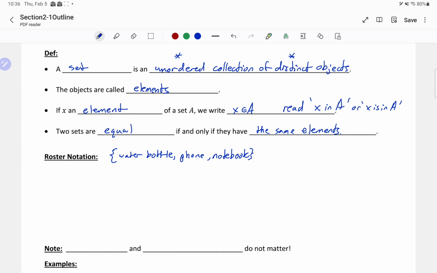Can you give an example of not distinct or non-distinct objects? Yes, I'm going to get to that. So, let's say that I had a set like this: A, B, A, C, C, B, B, B, A, C. Well, this is the same thing as A, B, C. Doesn't matter how many times I wrote down the A. The A is in there.